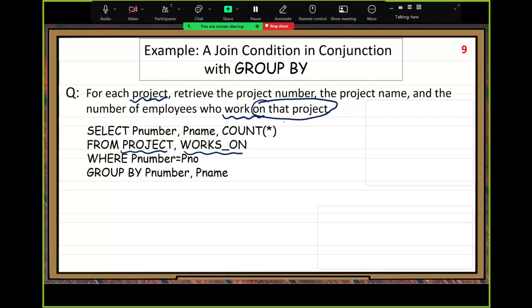This phrase tells you how to define groups: you use project to define groups. And in the where clause, this is the join condition. You join the two tables with the join condition.